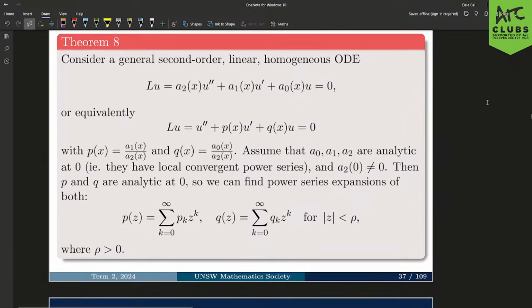Okay, and now we can look at power series. So consider this second order linear homogeneous ODE. So we have this equation, or we can divide it by the leading coefficient to get this, where P of x is A1 divided by A2, and Q of x is A0 divided by A2.